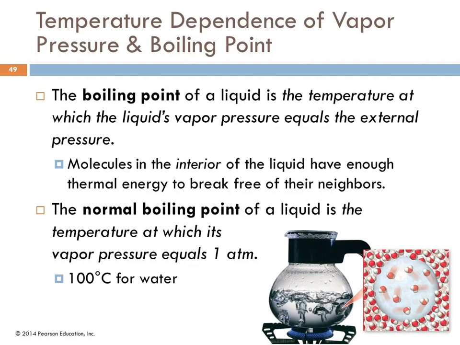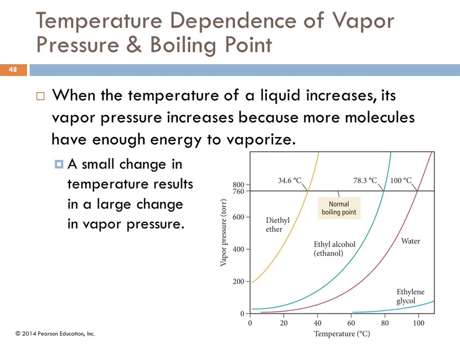Well, he had it in a flask, and he was pumping air out of it, reducing the pressure. So at 25 degrees, if you get down to a low enough pressure, the water will boil at room temperature. A liquid boils when its vapor pressure equals the external pressure.